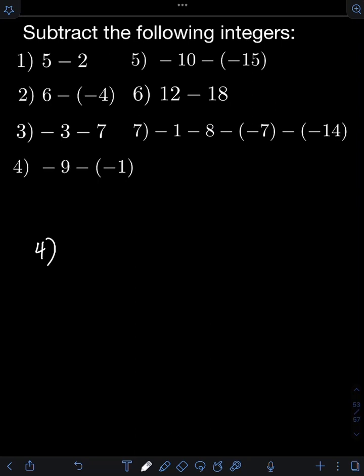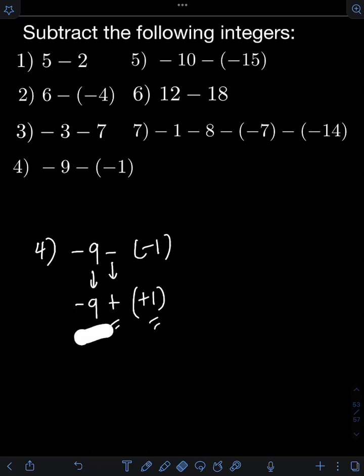For number 4, we have negative 9 minus negative 1. So copy the first number, negative 9. Change the subtraction to addition. And then change the sign of the subtrahend. It's negative 1, so it should become positive 1. So we are adding negative 9 plus positive 1. Again, they fall under unlike signs, one negative and one positive.